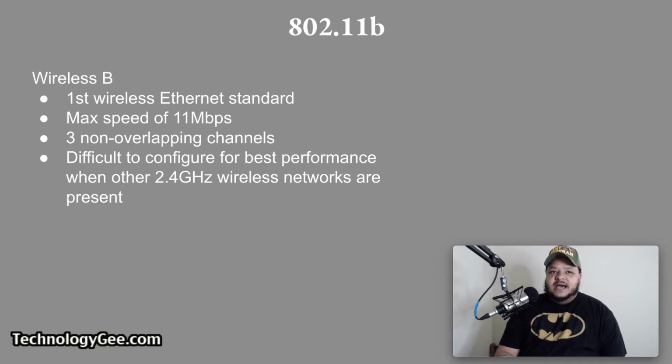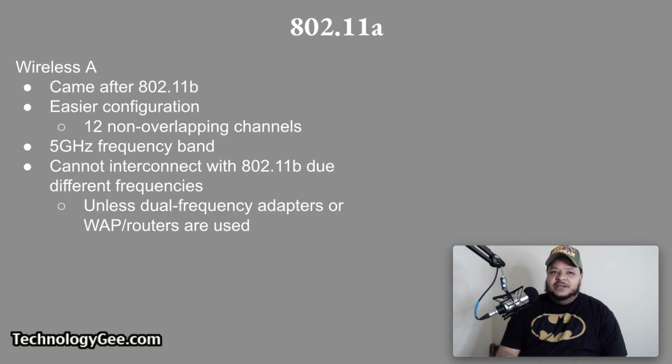So the 802.11b, also known as Wireless B, was the first Ethernet standard to hit the market. It has a maximum speed of 11 megabits per second. It has only 3 non-overlapping channels and is difficult to configure for best performance when other 2.4 gigahertz wireless networks are present. Let's talk about the 802.11a, also known as Wireless A. It came to the market after the 802.11b, and it differs in the following ways.